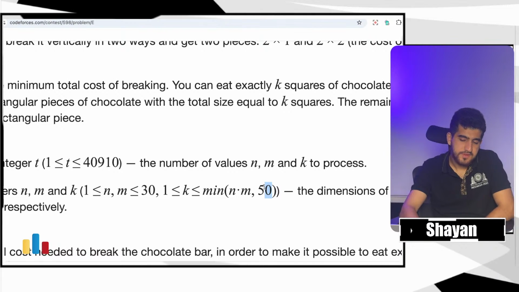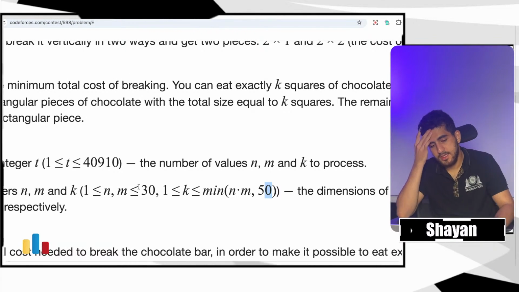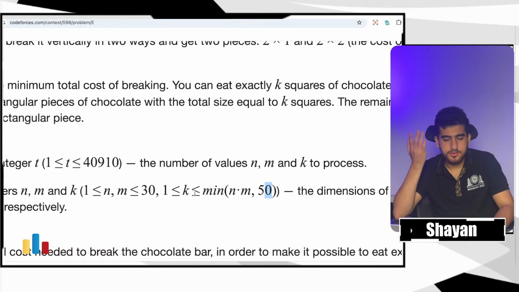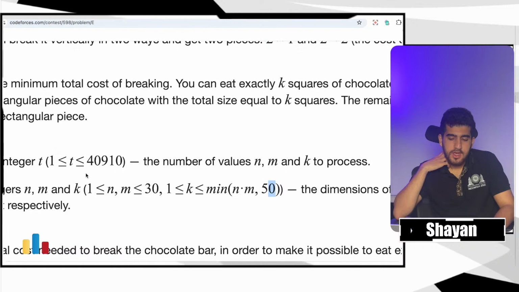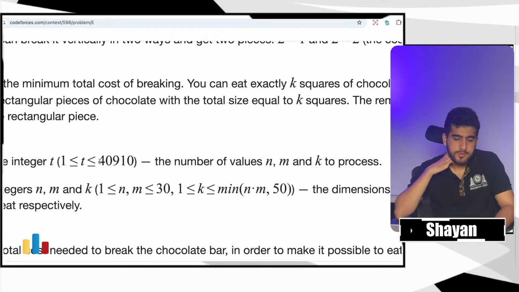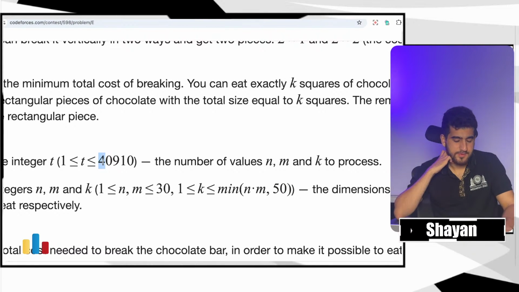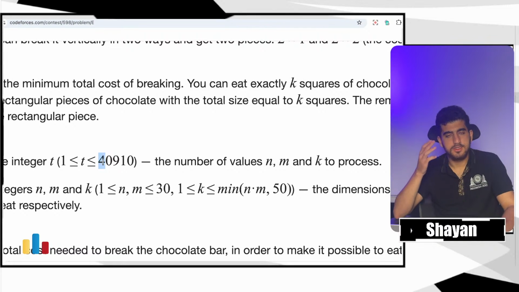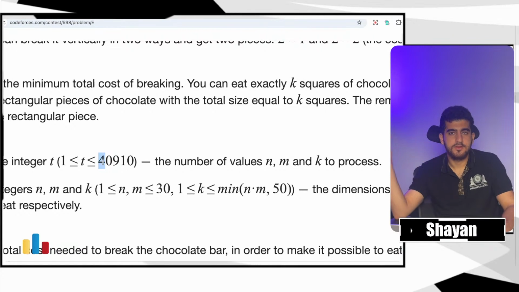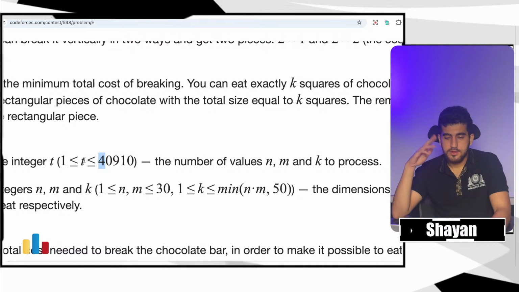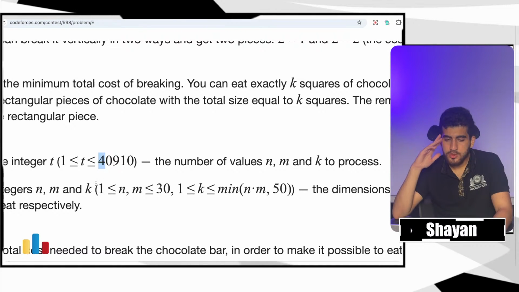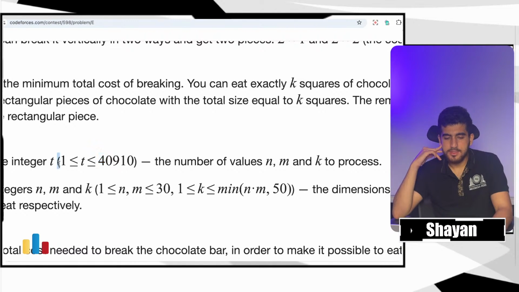So k is at most 50, n and m are not more than 30, and obviously k is also up to n times m as well. And our t is up to like 5 times 10 to the 4th, or 10 to the 5th, around that. So the point is that we do not need to care about the test cases.